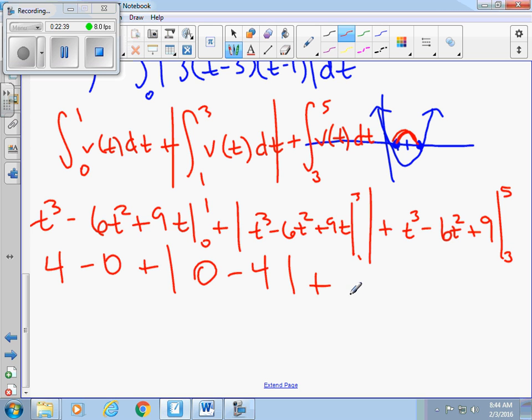Plus 5 cubed is 125. 25 times 6, 150, is that what you said? So 125 minus 150 is negative 25. Plus 9, what did you say, 19?